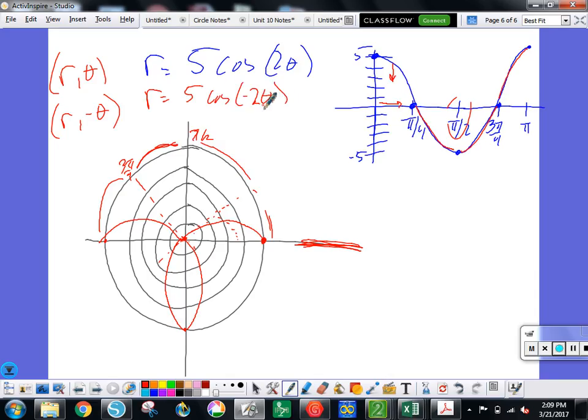And once again, every time we have a negative inside there, what does it do? Cosine absorbs it. Did I get back to the same graph? Okay, so therefore it has symmetry. So I'm going to do the symmetry in blue right now. Notice this has symmetry about this axis. So therefore this guy's going to come over there, huh?